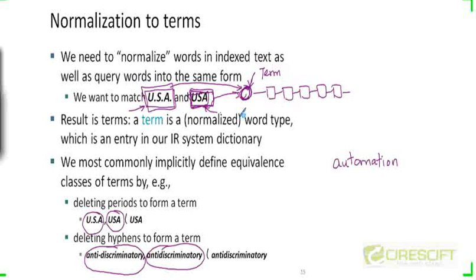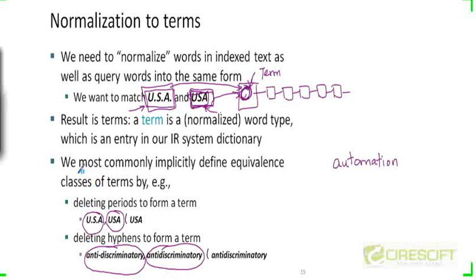A token is a particular instance of a sequence of characters that is output by the tokenizer, whereas a term is what is output by the linguistic module that finally enters the dictionary of the index. So both these tokens, when normalized, will map to the same term, so that when your query contains either of the two words, you're going to get documents containing both variants.